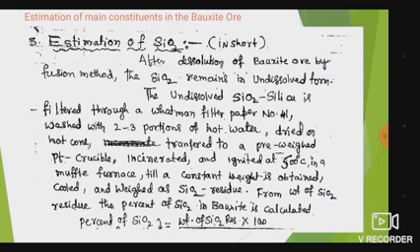In short, it is simply a mechanical method, that is, the filtration method. After dissolution of the bauxite ore by the fusion method, the SiO2 remains in the undissolved form.